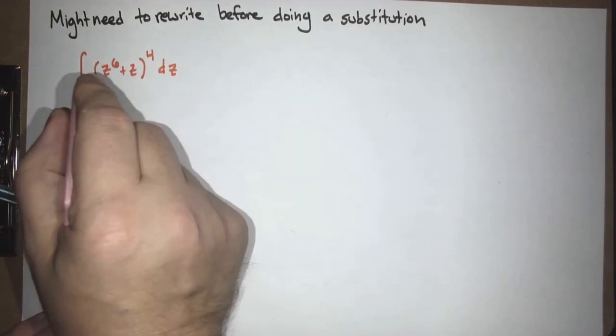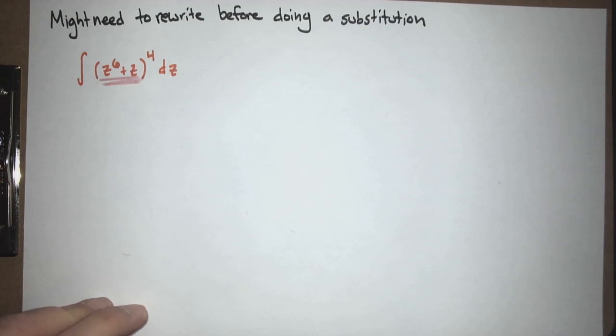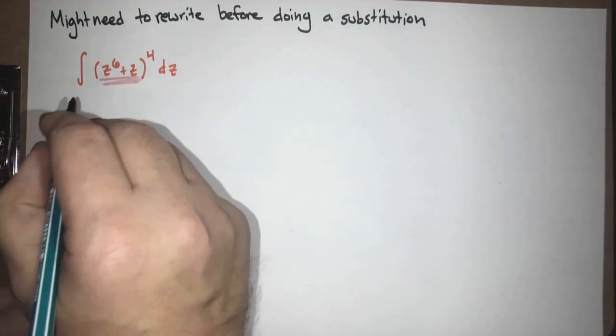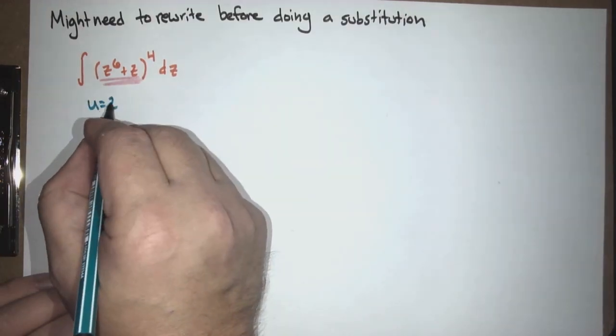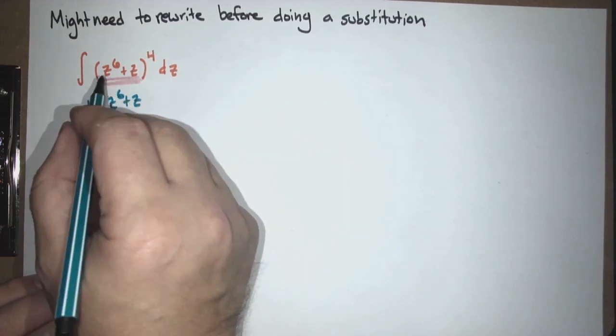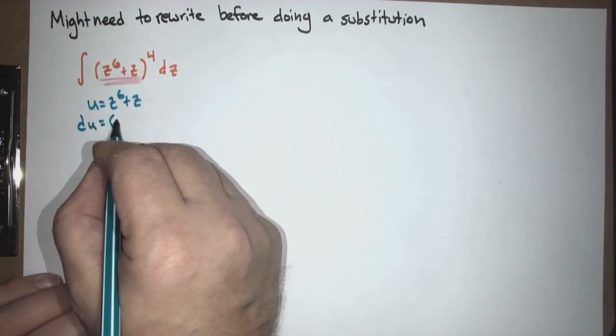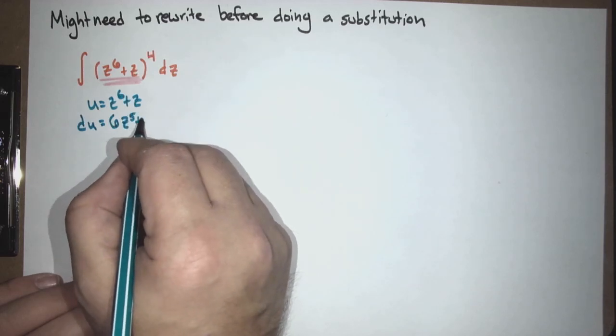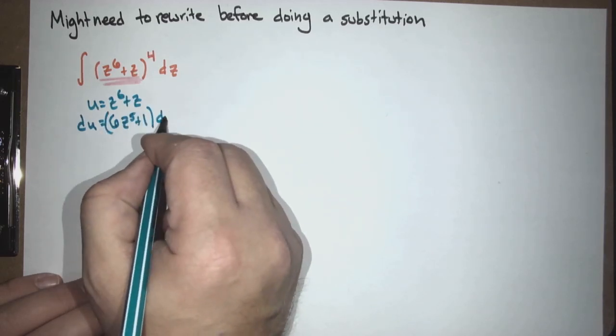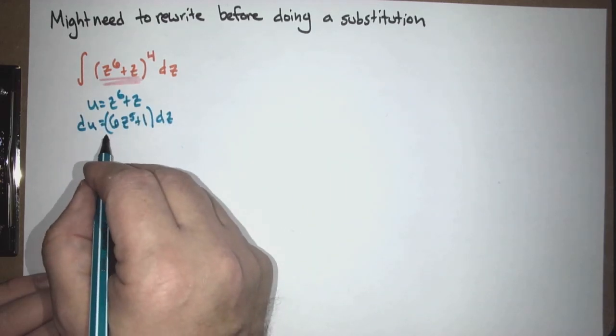I see this z to the 6th plus z is inside something to the 4th power. So let's try it. U equals z to the 6th plus z. Great. What would du equal? 6z to the 5th plus 1. And then when we see this, what do we say?